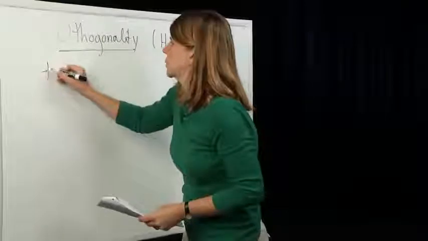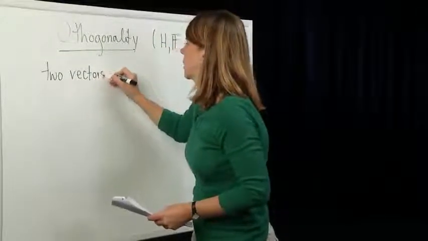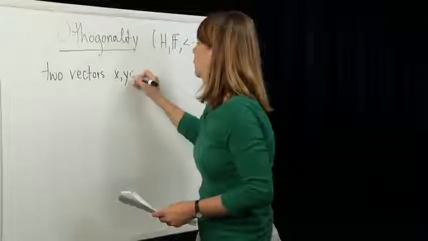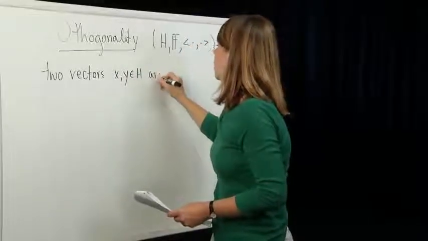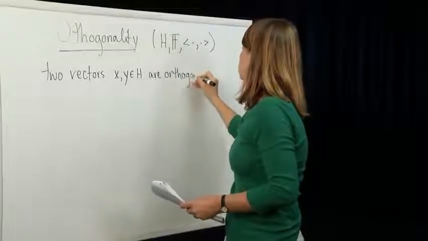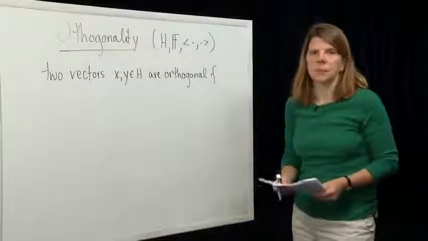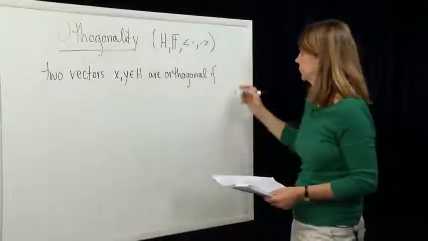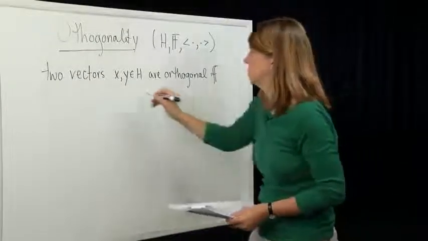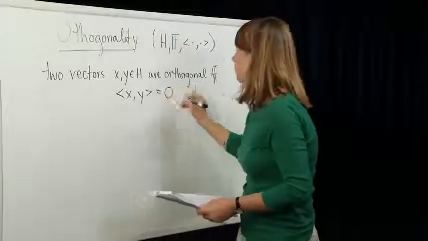So two vectors x and y, both in H, are orthogonal if and only if, by definition, the inner product between x and y is equal to 0.